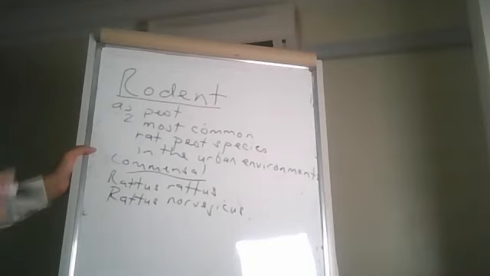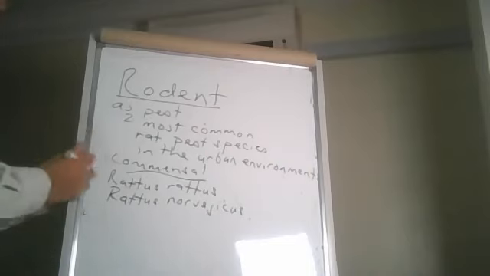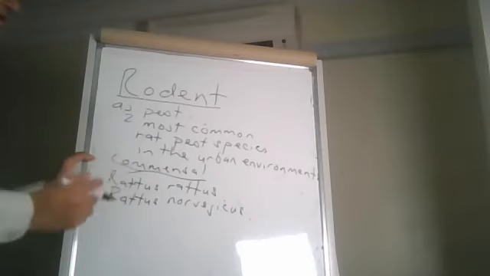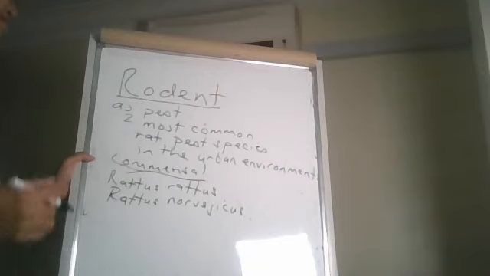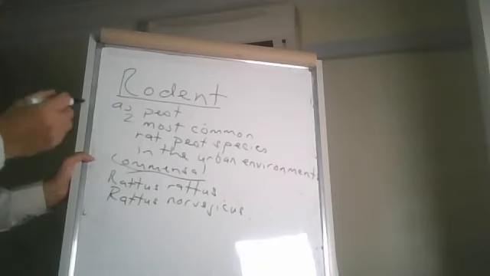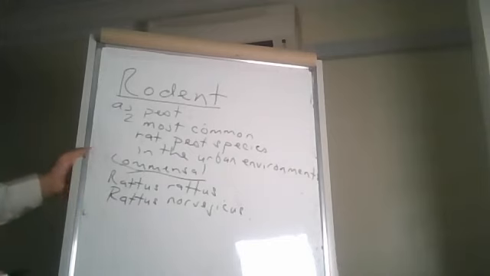But when Rattus rattus is mentioned, the whole world knows and identifies that this is the rat we are referring to. So this is the scientific name that is used in technical writing and in the scientific community.